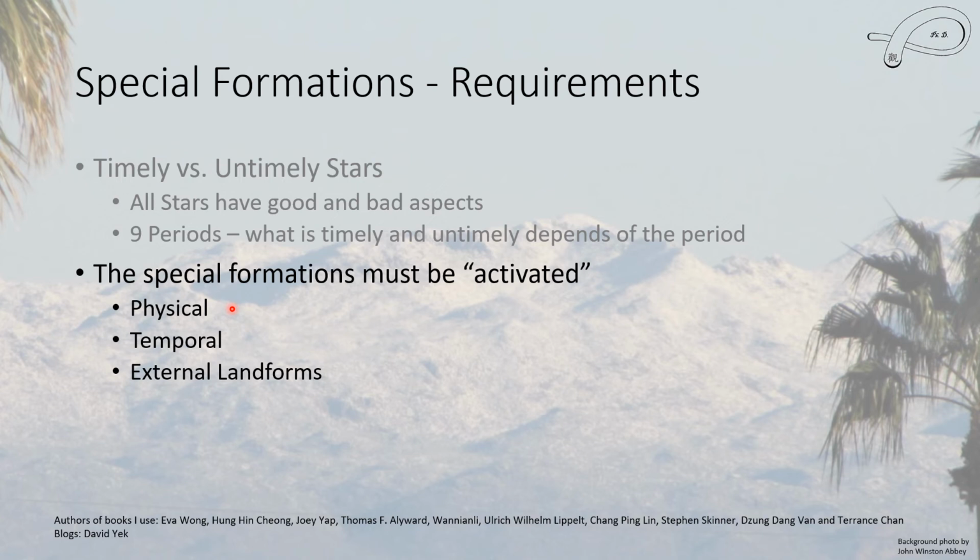Some are physical requirements of the house itself. Some are temporal: when can the formation be activated? And the external landforms are probably the most important. There are a couple of formations that are either made or broken by the presence or absence of external landforms. And all the rest, if they're not broken by missing them, are greatly enhanced by having them.